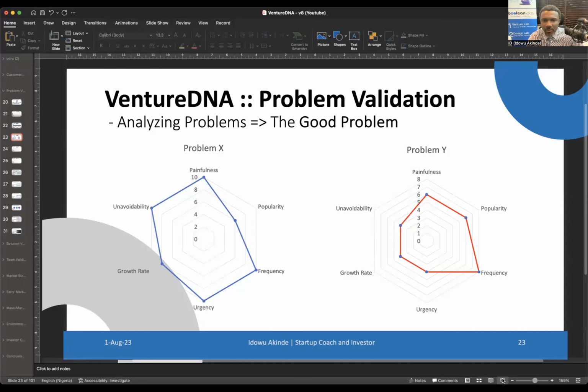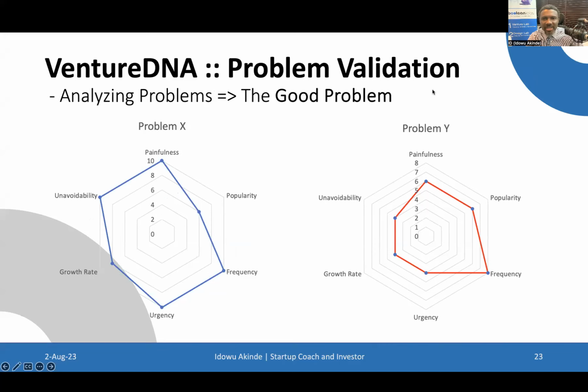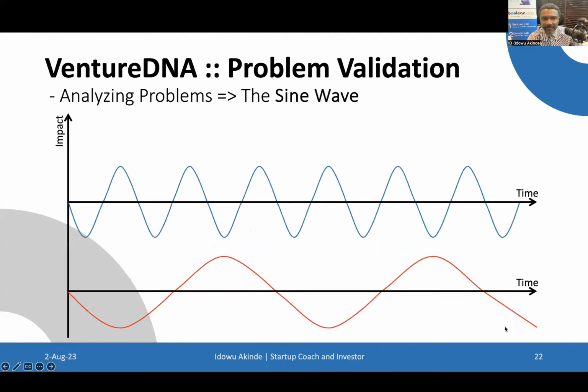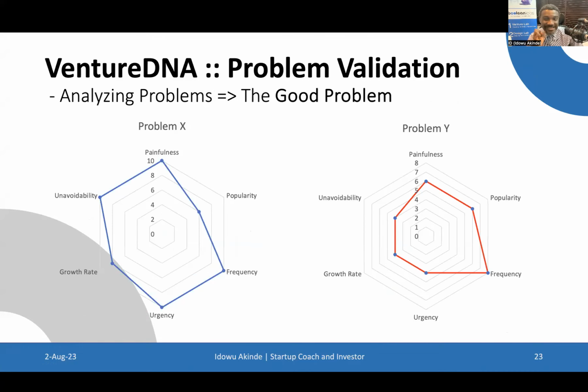There you go. So the good problem is a method that, unlike the pain opportunity matrix that actually just takes in two factors, what's the pain severity and what's the opportunity size, takes in 6 factors. So painfulness, and if you look at the chart on the board very well, painfulness is pain severity, popularity is opportunity size.